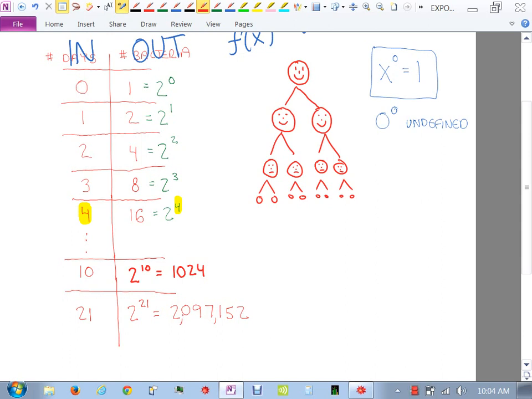You now have 2,097,152. That's a lot of bacteria. Now, do you see why they say exponential growth? In 3 weeks, in 21 days, it went from 1 to 2 million.